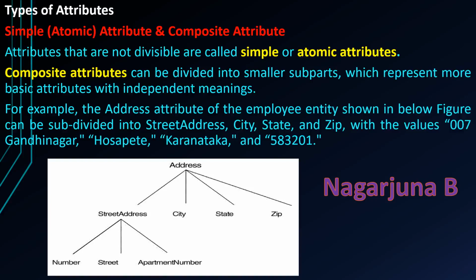This is the information regarding simple attribute and composite attribute. Simple means the attributes that are not divisible. Composite attribute means which can be divided into smaller subparts such that each of the subparts will have an independent meaning.